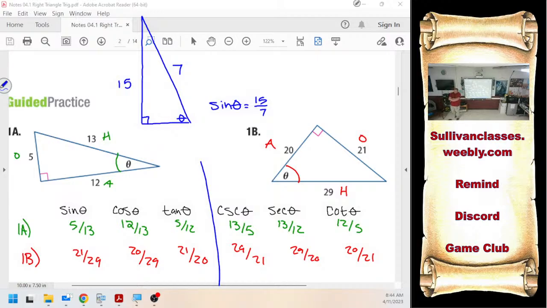Why not? Exactly. Hypotenuse has to be the biggest one, and the triangle proportionality theorem says biggest angle, biggest side. It's not possible to have a right triangle where the hypotenuse is smaller than one of the legs. Okay? That's going to lead into our fourth commandment of domain.